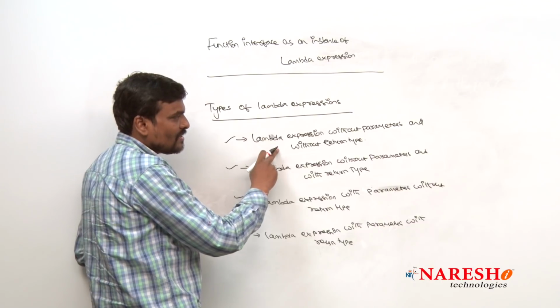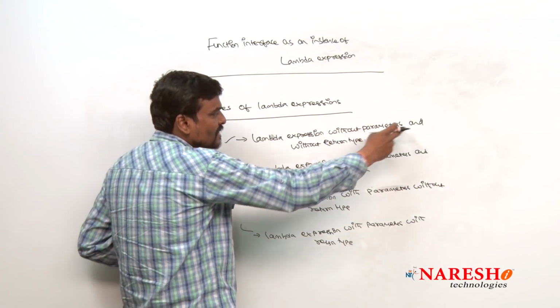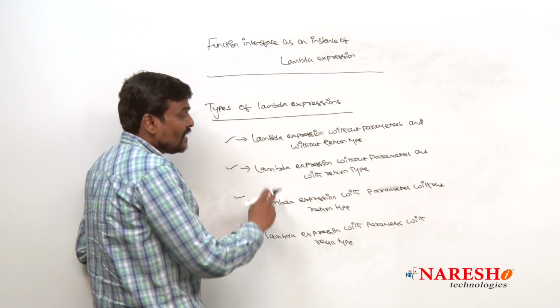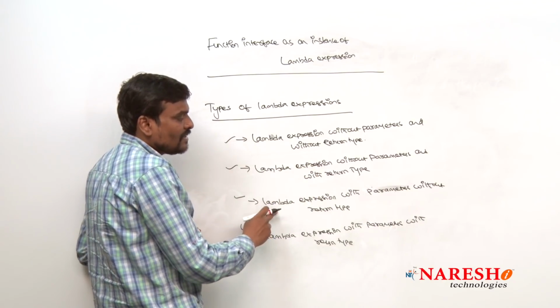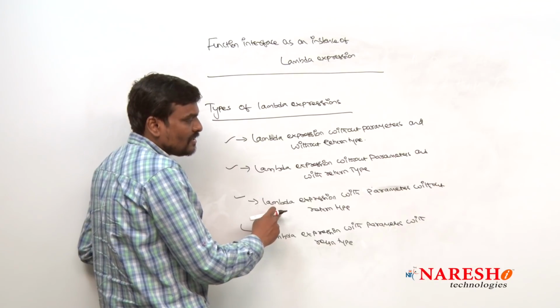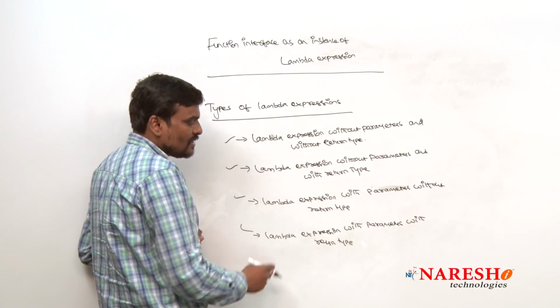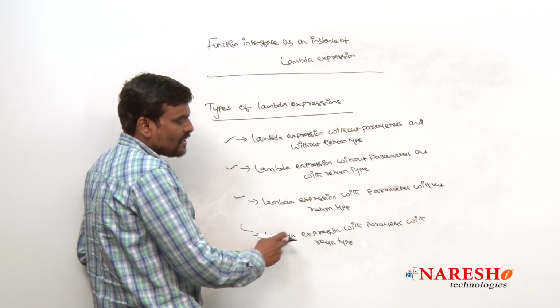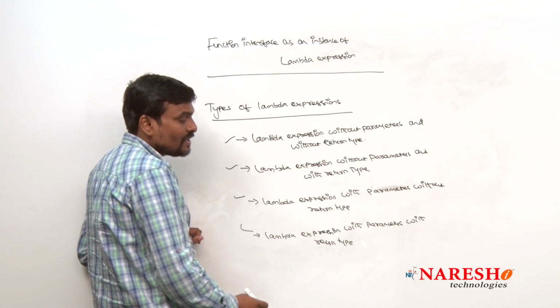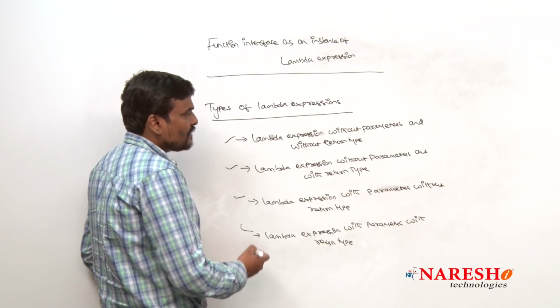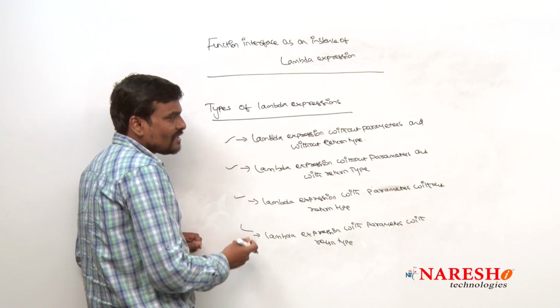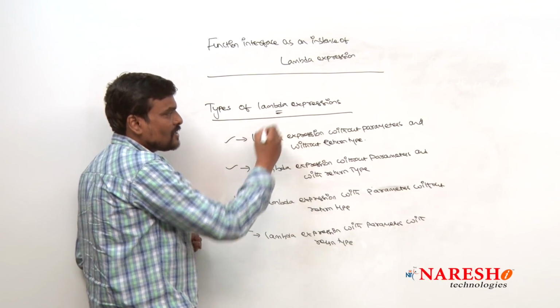When you are saying function, right, you can write a function without parameters and without return type. You can write a function without parameters and with return type, and you can write a lambda expression with parameters and without return type, and you can write a lambda expression with parameters and with return type. But in order to write this, I said you can represent a functional interface as a lambda expression.